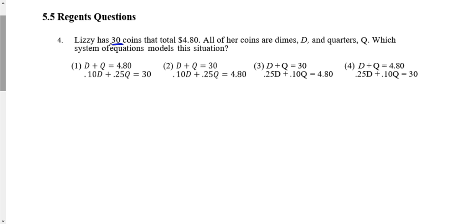Choice 1 says the number of dimes plus the number of quarters adds up to 48 coins, so that's wrong. Here's one with the number of them adding to 30, and what's a dime worth? 0.10. And a quarter is 0.25, 4.80. That was not too bad, right? You get 2? We'll pass on number 5 for now.